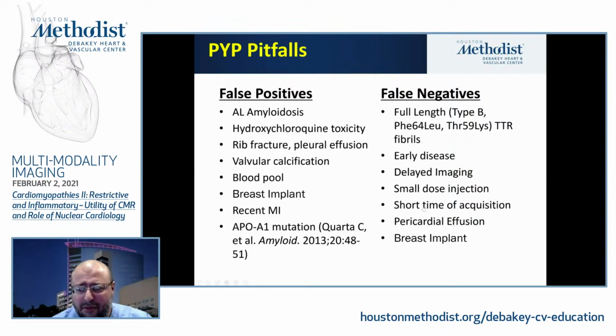So I think with PYP, it may appear to be simple in terms of preparation and interpretation, but you have to look at the entire case, look at the other imaging, and confirm that the uptake is primarily in the myocardium and not in the blood pool.